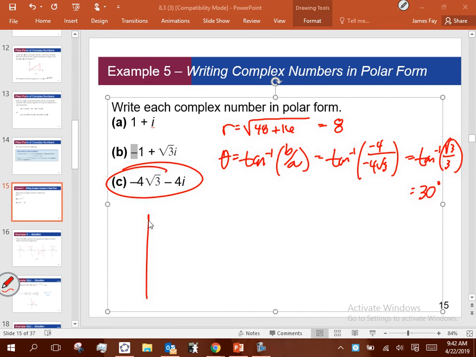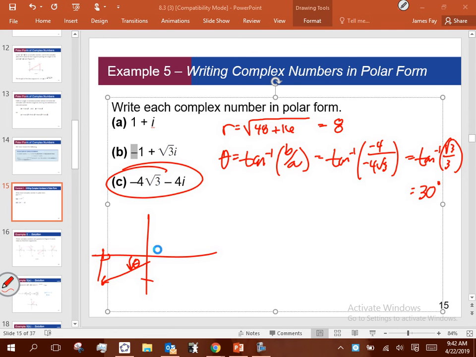Okay. Picture-wise, for those of you that are kind of missing out without the picture, -4 root 3 would be over here. -4 would be maybe, just to scale, right there. So that r right there is 8. And the theta we just found was that angle right there. Does that make sense?